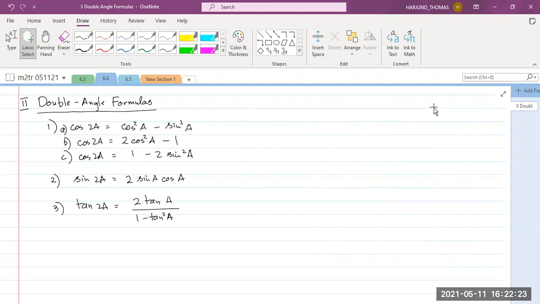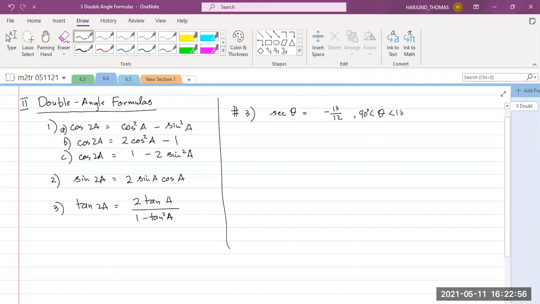Now, how to use this? For example, I will do an example next. Number 3, for example. Secant theta equals -13/12. Theta is in quadrant 2, between 90 degrees and 180 degrees.